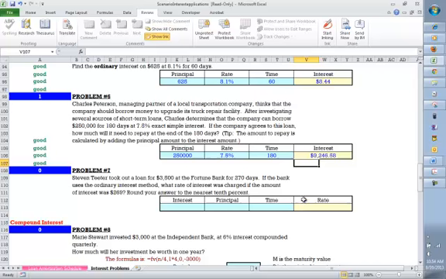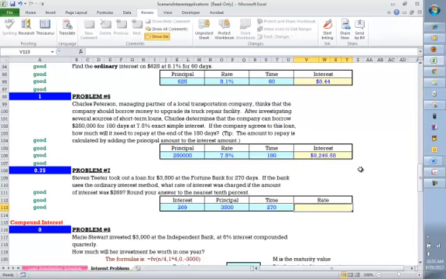Next one. Steve Teeter took out a loan for $3,500 at Fortune Bank for 270 days. If they used ordinary interest, what rate of interest was charged? The amount of interest was $269, the principal is $3,500, and it's 270 days.